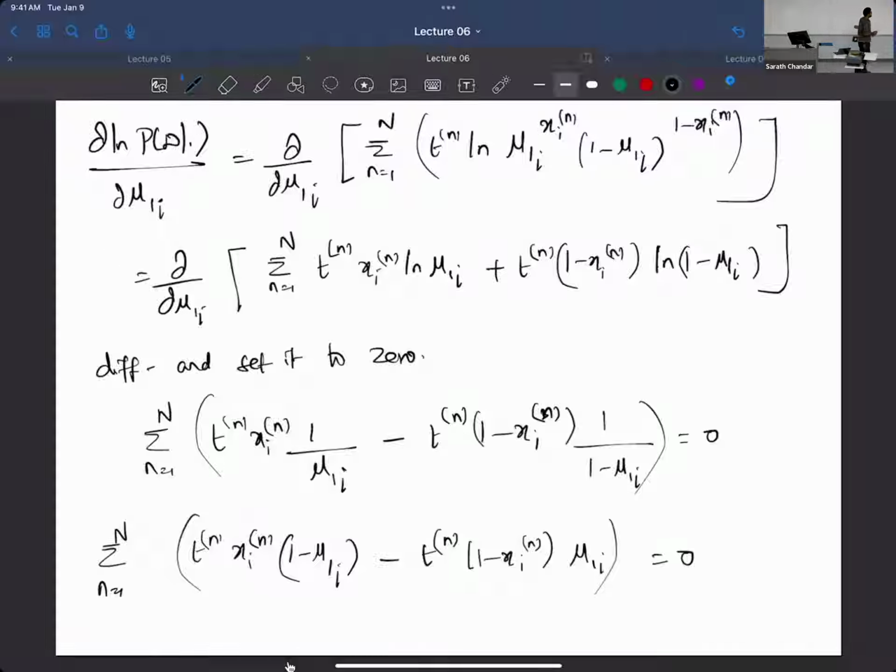I'll get the denominator to the right side, where it becomes 0. Let me copy this to the next line.